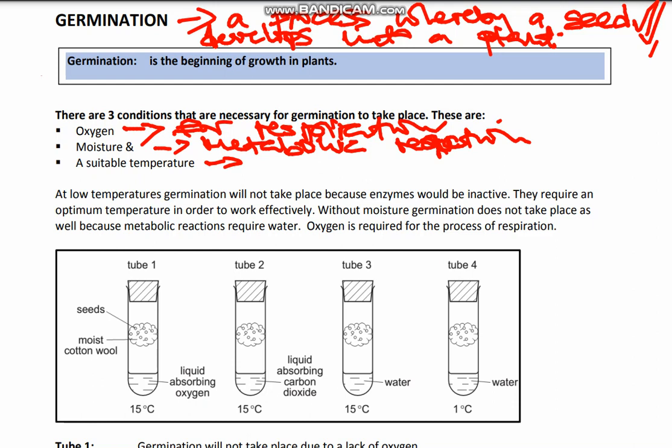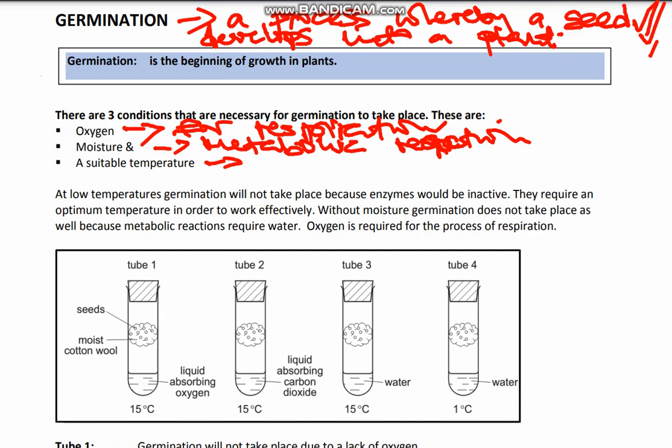Do you know that if we have a very low temperature, the enzymes would be inactive, which means the main significance of optimum or suitable temperature is for enzymes to work effectively, the enzymes that cause seeds to develop into a new plant.